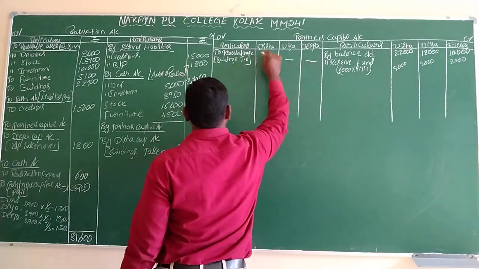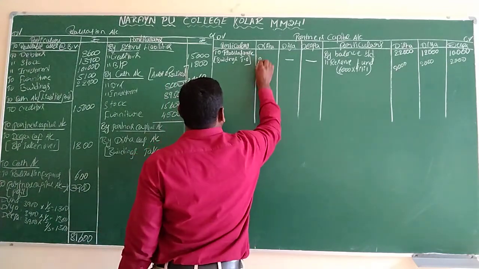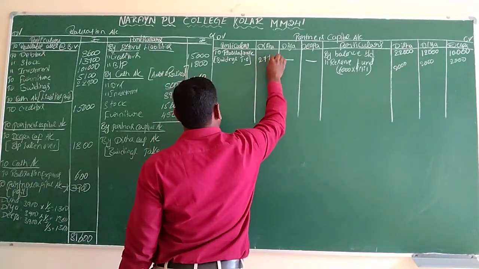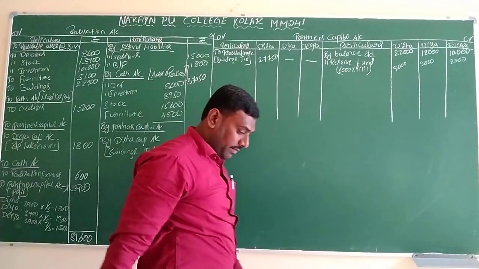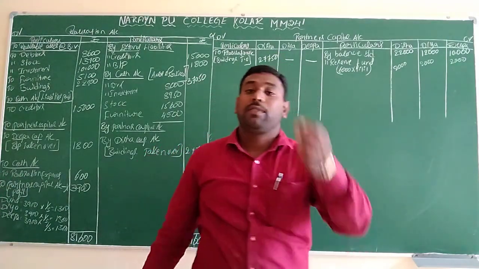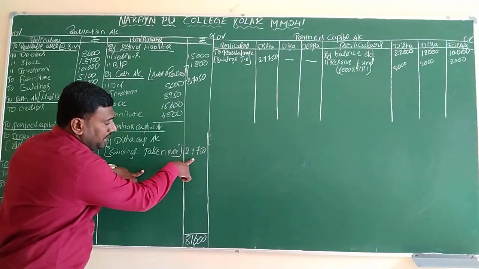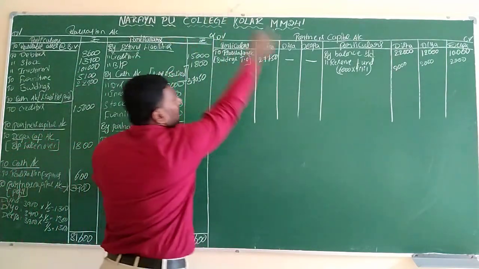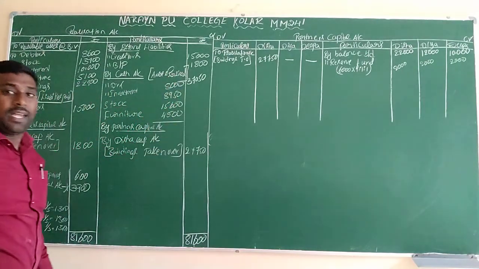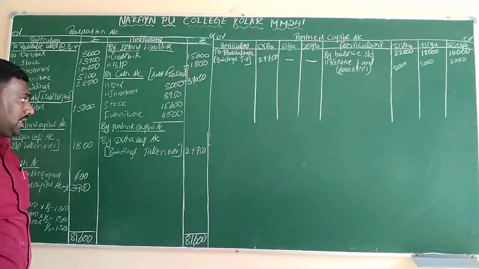So who has taken over? Disha. What is the cost? 27,750, which is the cost taken over by Disha. Once we transfer the debit, credit side of the previous account, it again comes to the debit side of the next account. So twice it is completed.